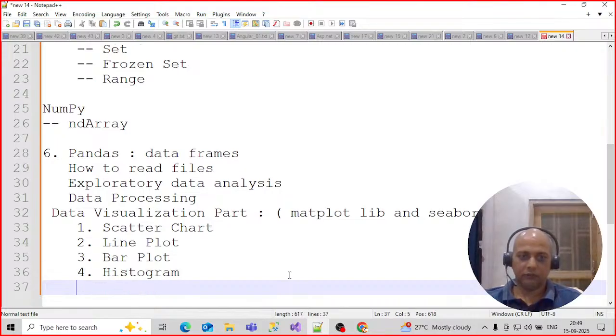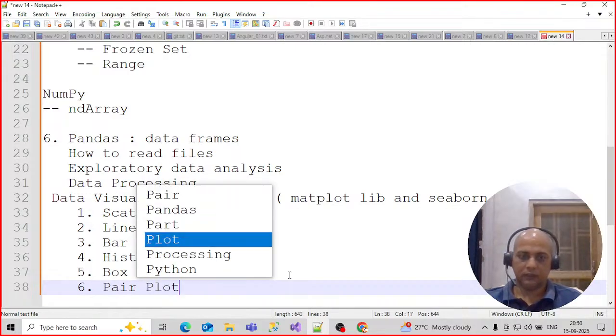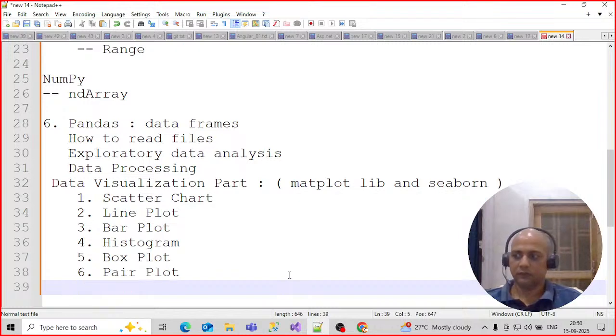The theory part you will understand from statistics. Here we will be implementing box plot and pair plot. These are the major famous ones.